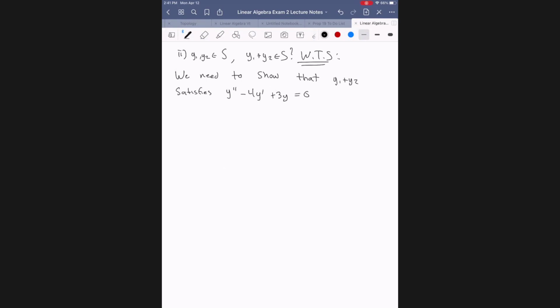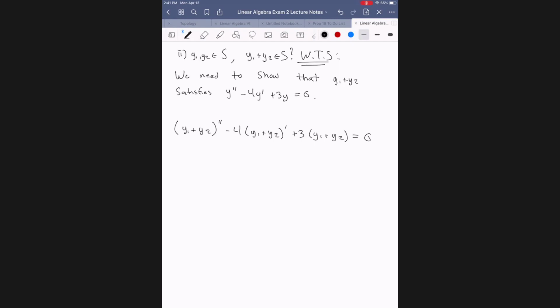Well, just plug it in. So we're going to get (y1 plus y2) double prime minus 4 times (y1 plus y2) prime plus 3 times (y1 plus y2) equals 0.